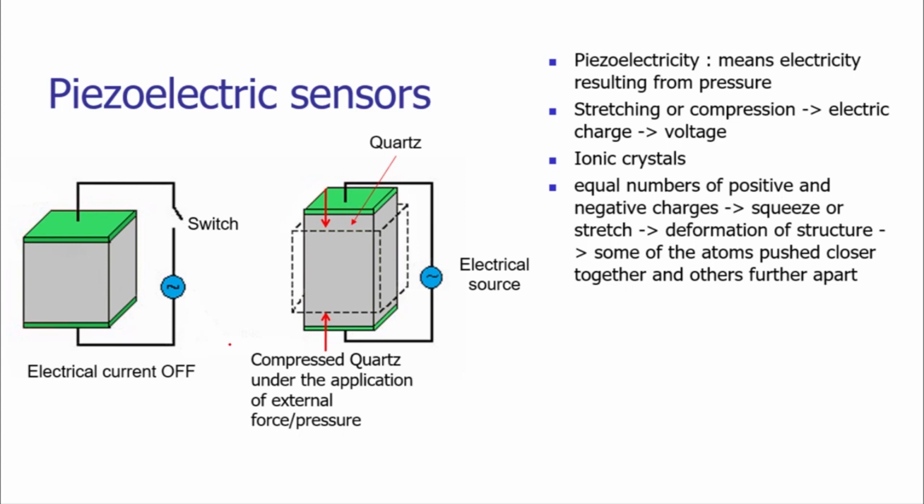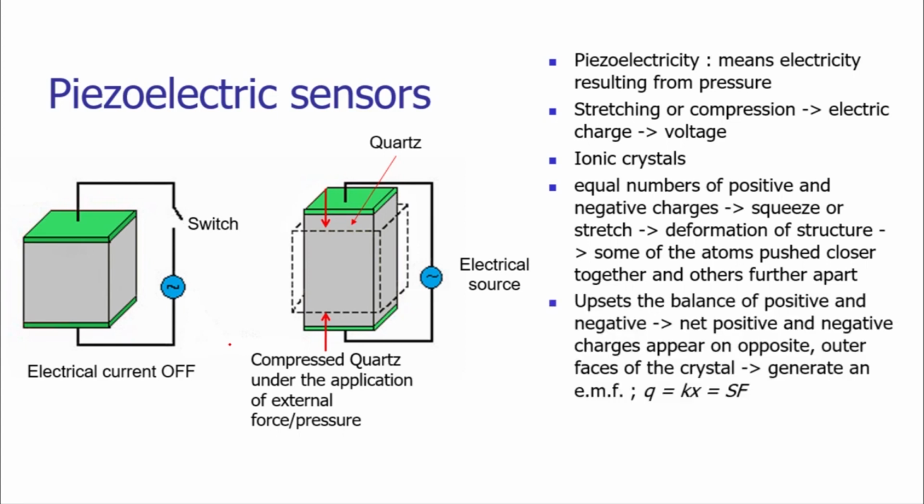During this deformation of the structure, some of the atoms will be pushed closer together and some of the atoms will be moved apart. So these lead to upsetting the balance of positive and negative charges over its surfaces, and this will generate an EMF.